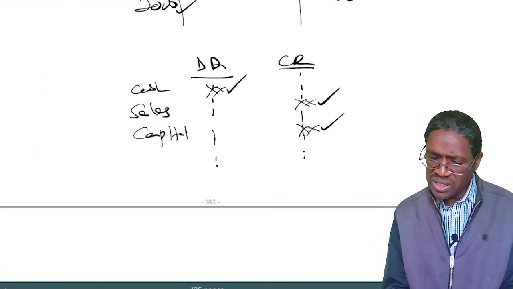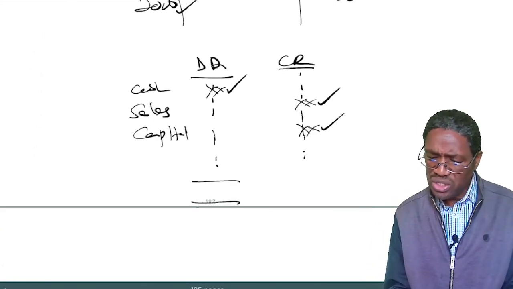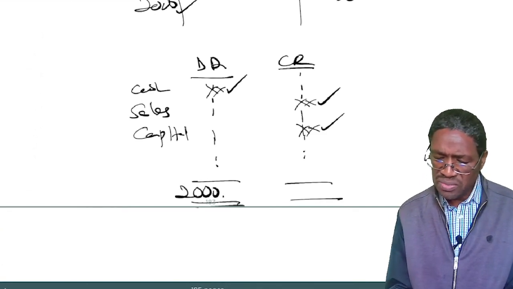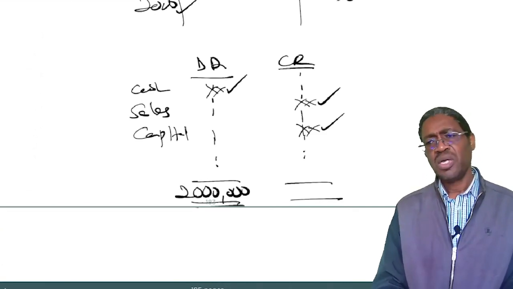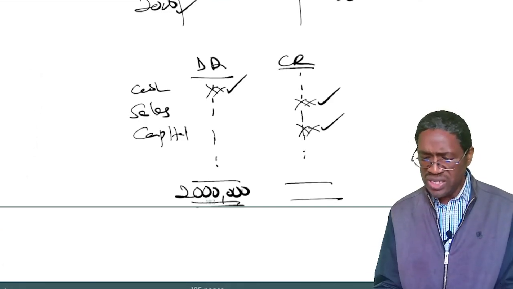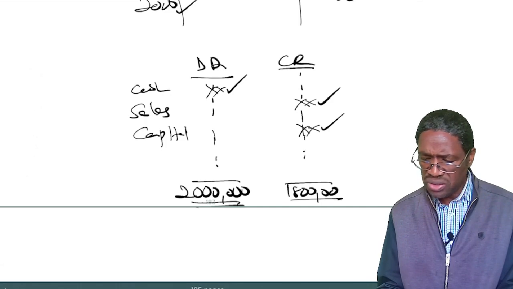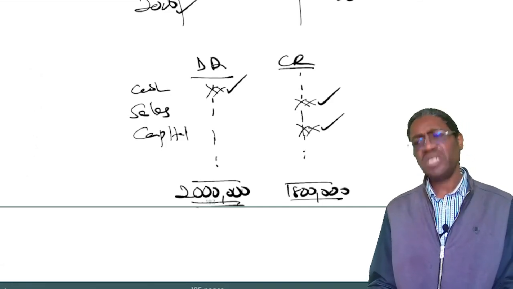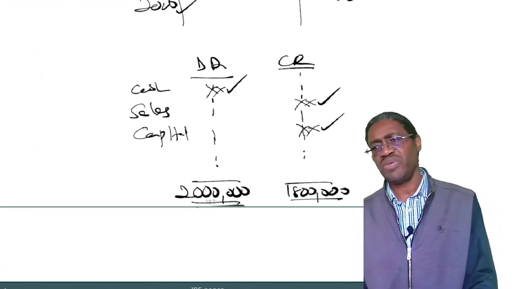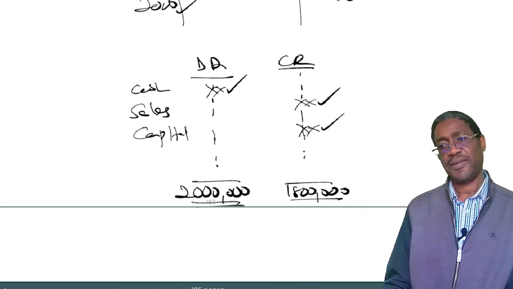Suppose you realize that when you added the debit column of the trial balance, you got it as 2 million. But when you added the credit column, you now realize it comes to 1.8 million. It is obvious you must have committed an error.